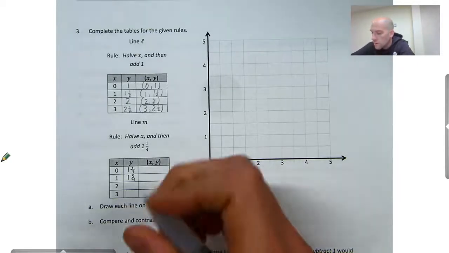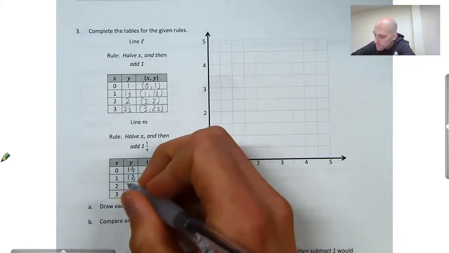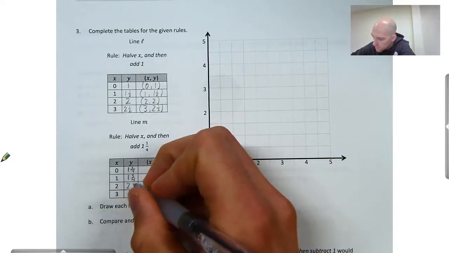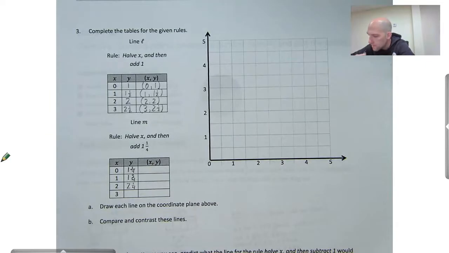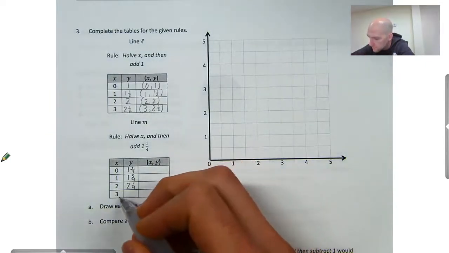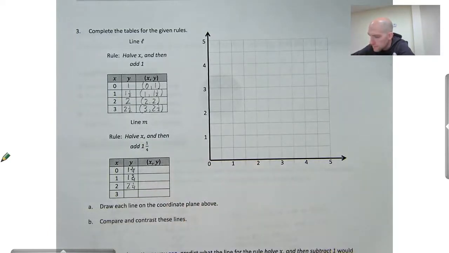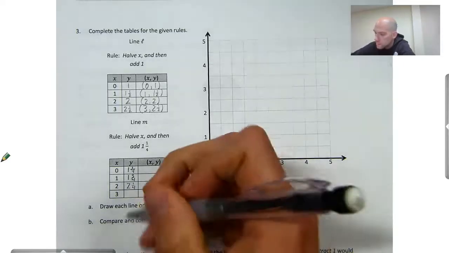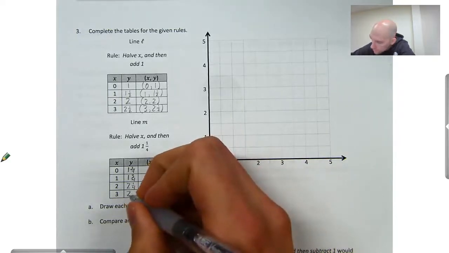2, half of 2 is 1 plus 1 1/4 is 2 1/4. And then 3, half of 3 will give us 1 1/2 plus 1 1/4 goes 2 3/4.